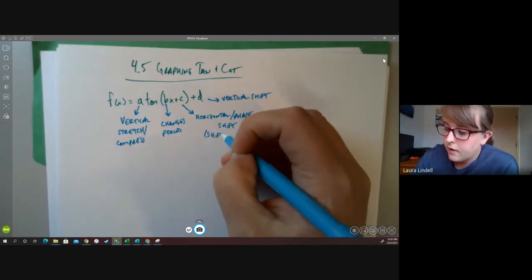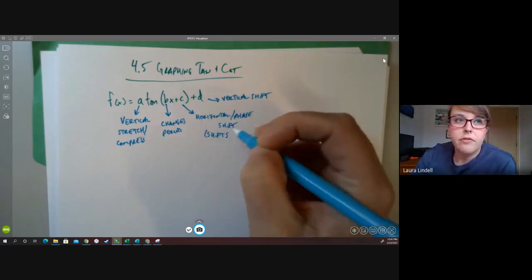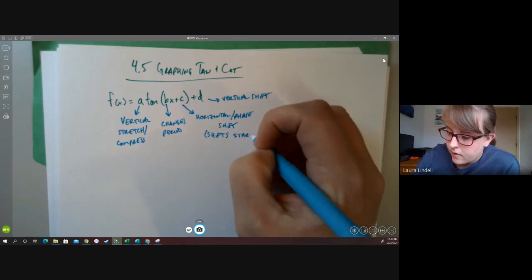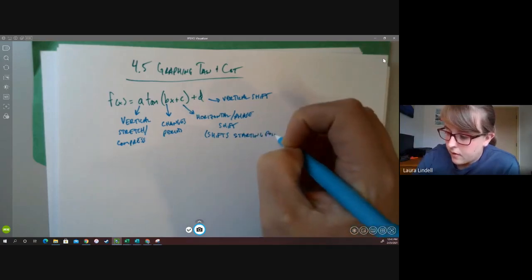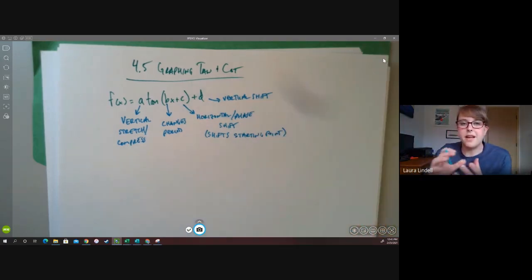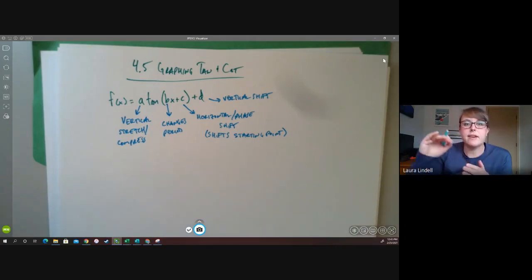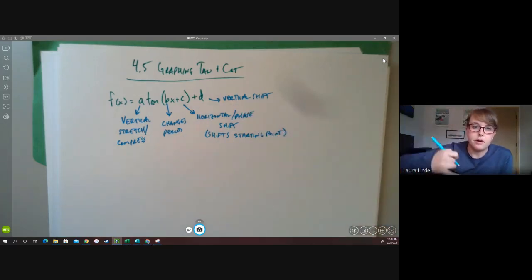As you'll see, this horizontal or phase shift is going to shift your starting point, the center point. Similar to how a parabola shifts its vertex, it's going to shift the point of inflection of our tangent function left to right, just as the vertical shift is going to shift that point of inflection up and down.